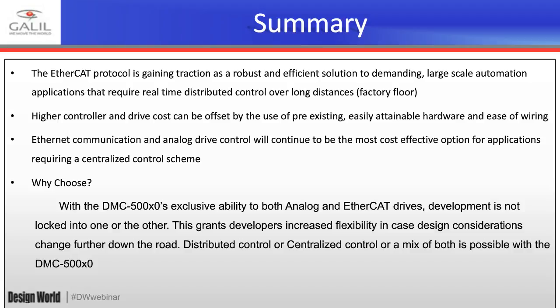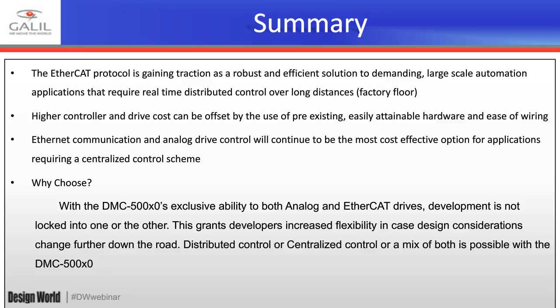There's quite a bit of control software and hardware on there. But this can be offset in some cases by the ease of wiring. It is just a Cat5 cable back and forth. But because of that, Ethernet communication and analog drive control will continue to be the most cost-effective for applications that don't need a distributed control layout.